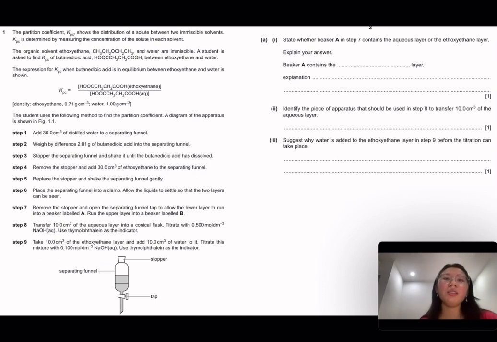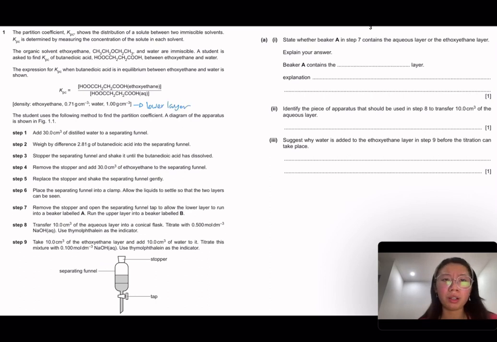Alright, okay, step 1. Add 30 centimeter cube of distilled water into a separating funnel. Weigh by difference 2.81 grams of butanoic acid into the separating funnel. Step 3. Stopper the separating funnel and shake it until the butanoic acid has dissolved. Step 4.